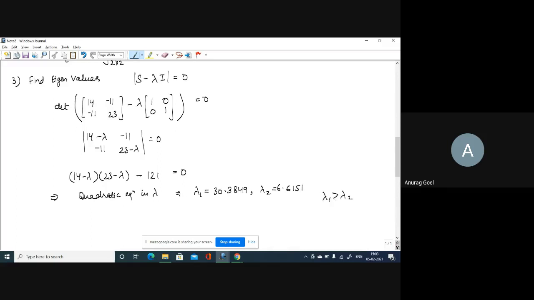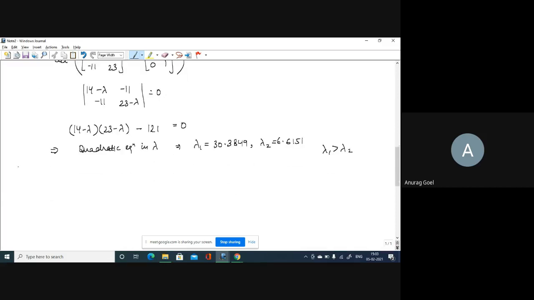Now the fourth step is to find the eigenvector. We find the corresponding eigenvector for lambda 1, because lambda 1 is greater than lambda 2, so lambda 1 would give us the first principal component.